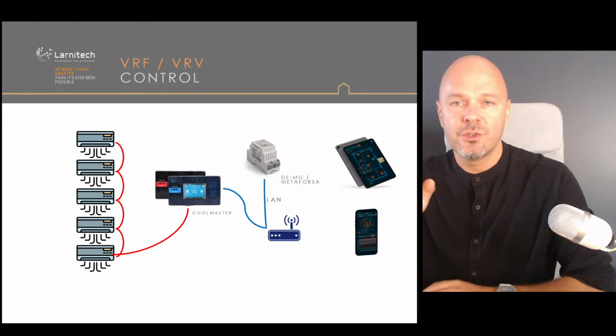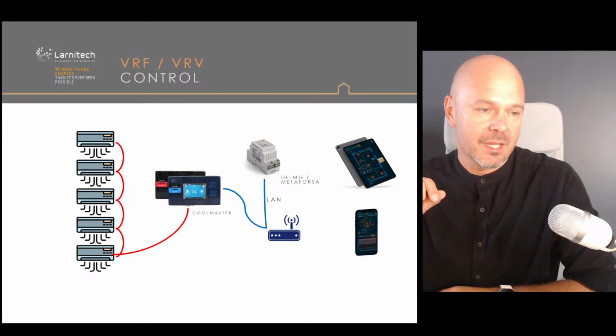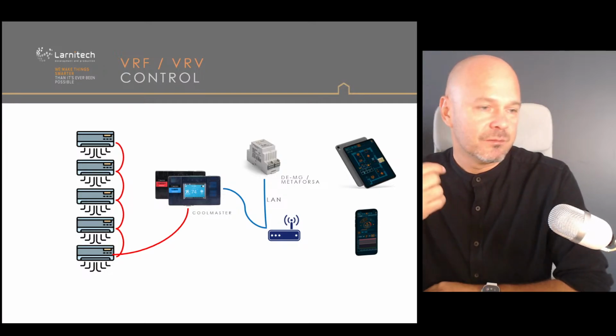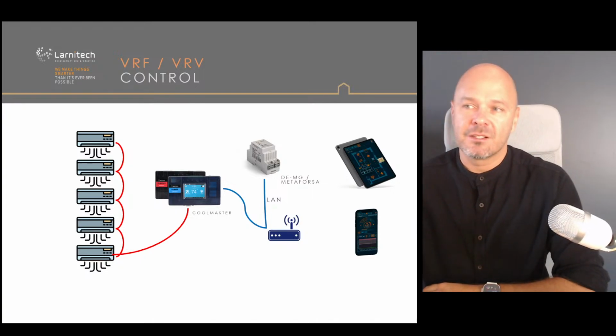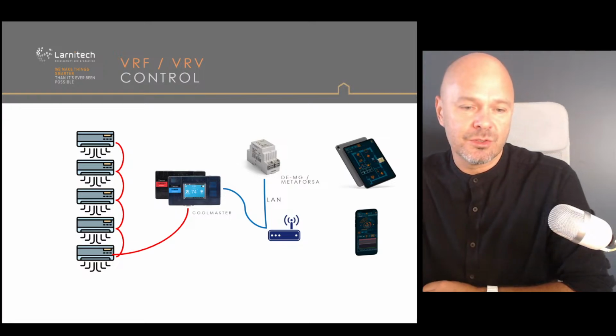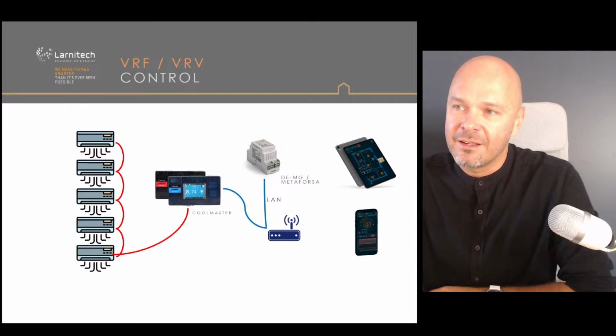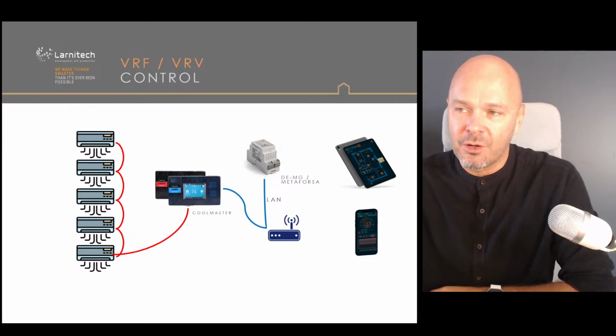So what we need to do is connect to the VRF bus. Daikin VRF, for example, is usually called VRV, and they use the bus called D3net. D3net is one of the popular options to connect different kinds of Daikin ACs together.